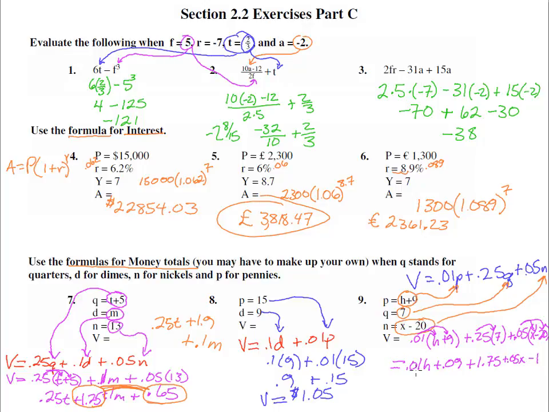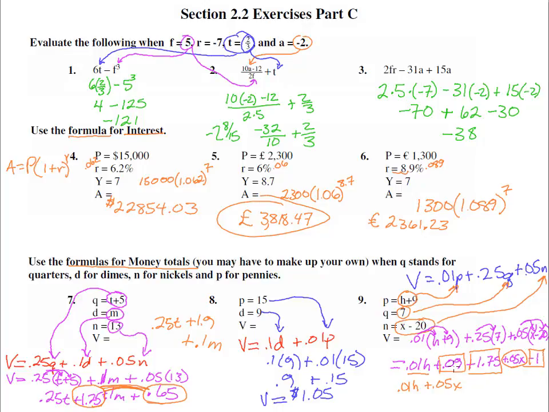Okay, let's see if we can find all the common things here. We have 0.01h. There's no other h's. Here is the x's right here, so plus 0.05x. And then the rest of them are all numbers. So we can take 0.09 plus 1.75 minus 1.